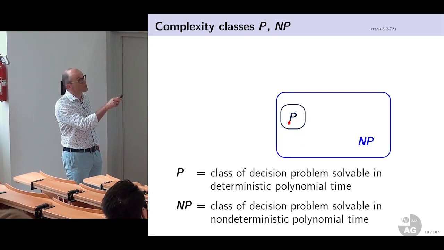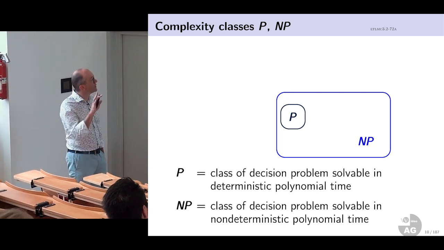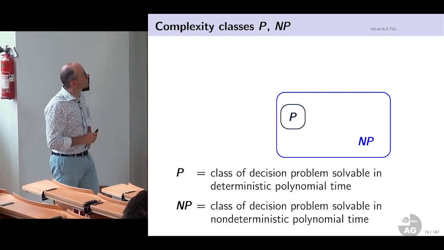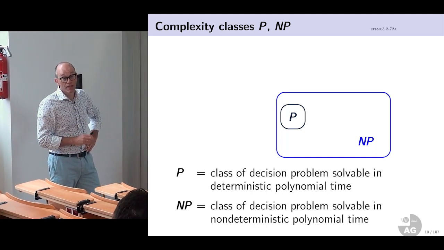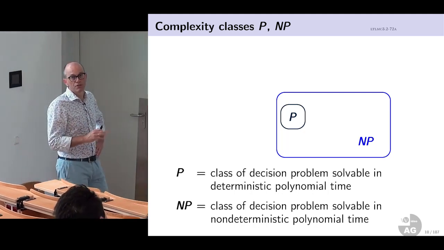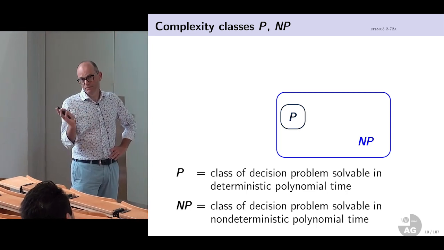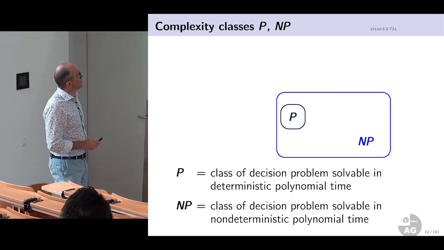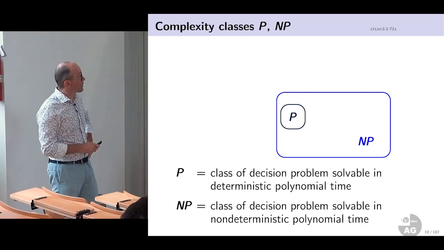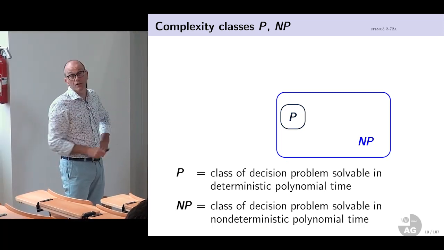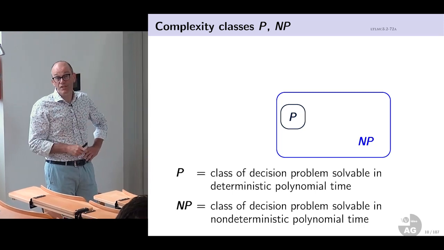So one of the famous ones is P, which are known to be the, in quotes, easy ones. These are the class of decision problems that you can solve in polynomial time in a deterministic way. Deterministic means there is no guessing. Then there is a larger class, NP, which is the class of decision problems that you can solve still in polynomial time, but now you need something like non-determinism, so every now and then guess something.